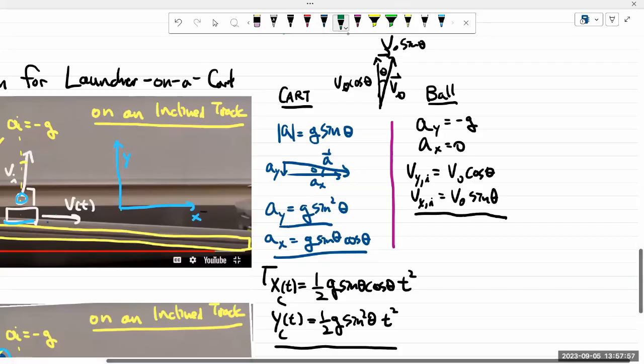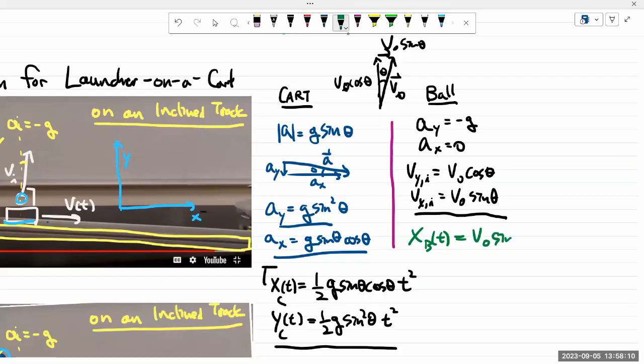So the horizontal position of the ball as a function of time will be V naught sine theta t. Good. Its initial position is 0, and horizontally it doesn't accelerate.